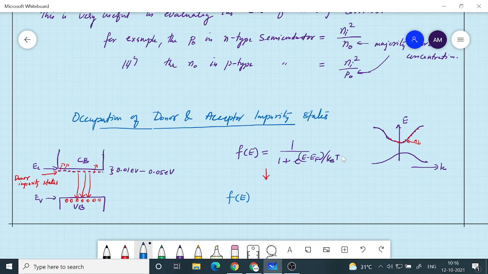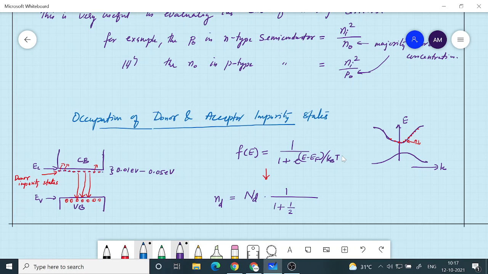So occupancy of the donor states, I will directly write the occupancy of donor states. This is given by the density of states, which is the doping concentration Nd, into f of E. Instead of f of E, what we have is 1 by 1 plus 1 by 2.